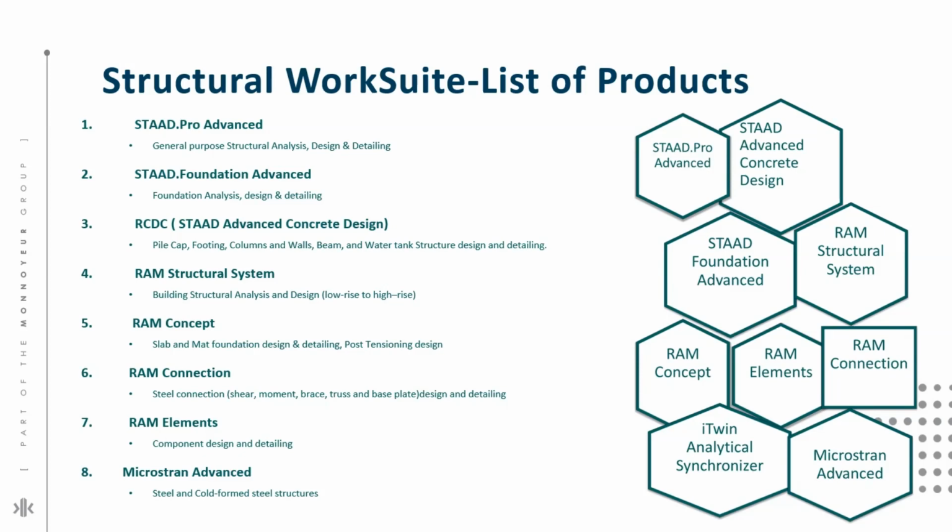Like here on the screen, you can see the Stat Pro Advanced is the first product, and then Stat Foundation Advanced, RCDC, Stat Advanced Concrete Design, RAM Structural System, RAM Concept, RAM Connection, RAM Element, and MicroStrat Advanced. These are the products included in Structure WorkSuite. Now I'll give you a brief description about each product one by one.